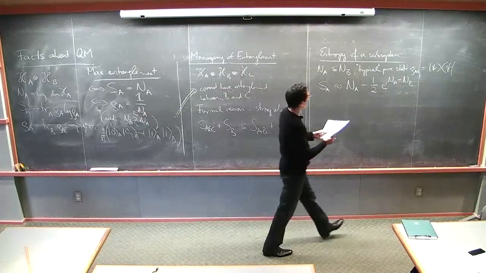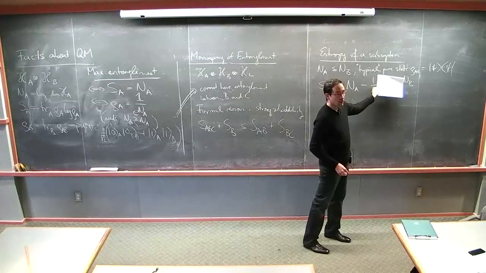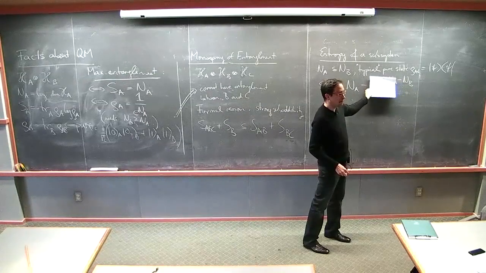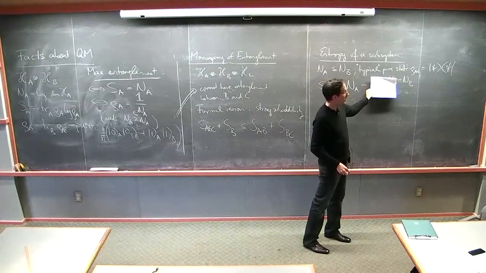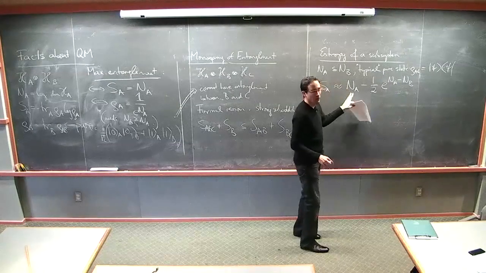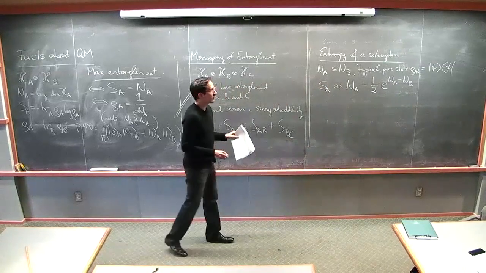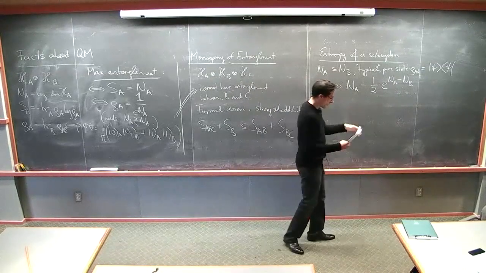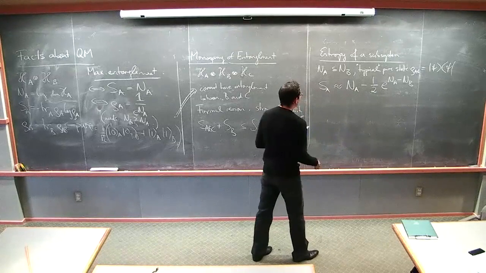So for all practical purposes in this talk, when I look at less than half of a system, I'm going to treat it as maximally entangled. This small correction will not be important.